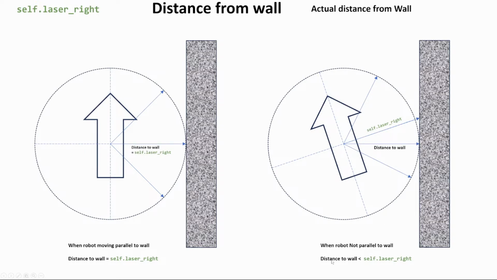That's why I said I need to define the distance as the nearest of the wall. They can make more precise motion. Normally it should be okay, but when the robot is turning very sharp, I believe there's a big difference between the self laser right and the distance to the wall.